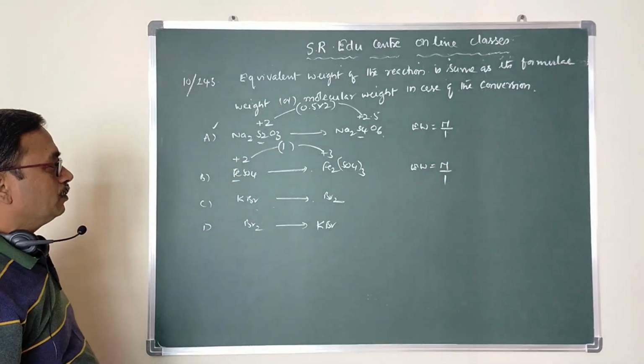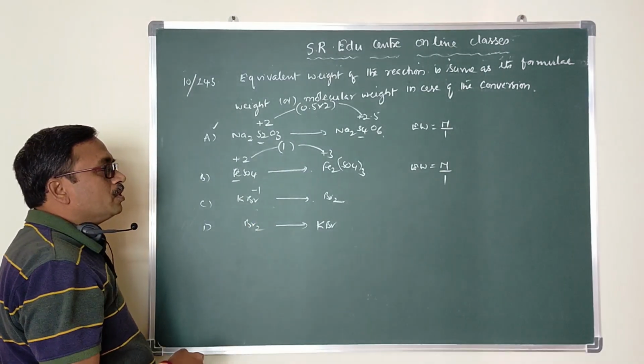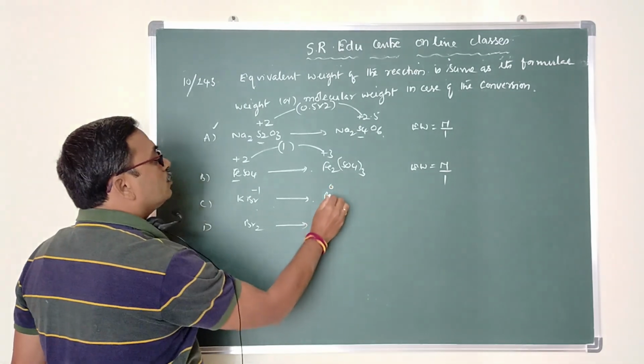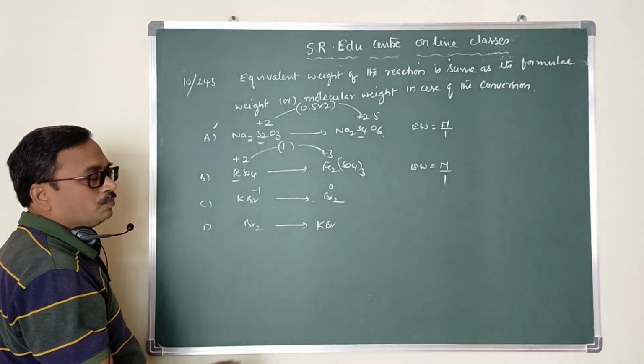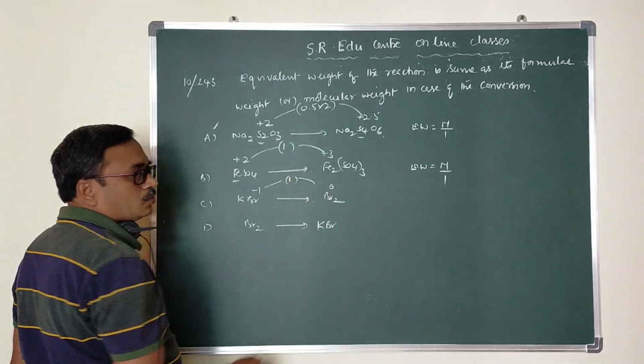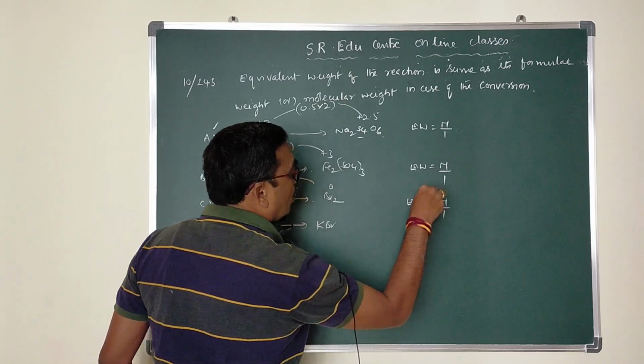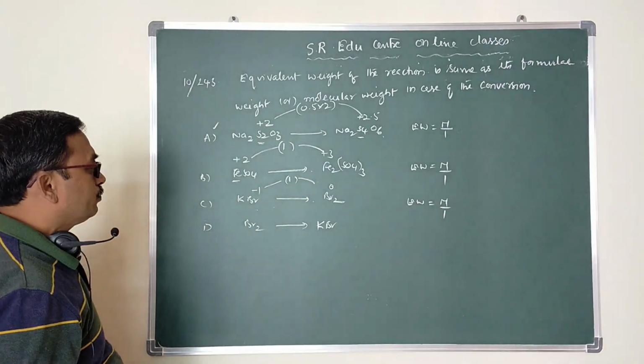N factor is 1. In KBr, the oxidation state of bromine is -1. In Br2, the oxidation state of bromine is 0. So -1 to 0 is 1. So n factor is 1. Here equivalent weight is equal to molecular weight by n factor 1.